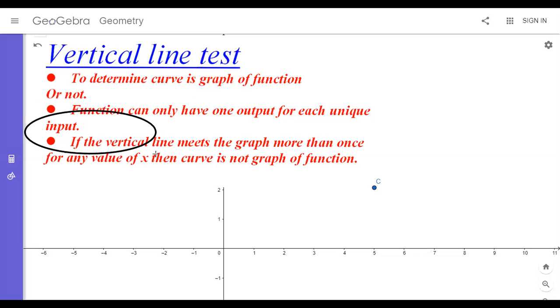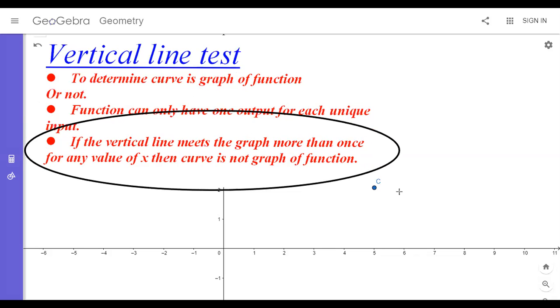If a vertical line meets the graph more than once for any value of x, then the curve is not the graph of a function. A vertical line is a line perpendicular to the horizontal axis, or parallel to the vertical axis, the y-axis. We draw one vertical line, and if that vertical line meets the graph more than once for any value of x, then the curve is not the graph of a function.